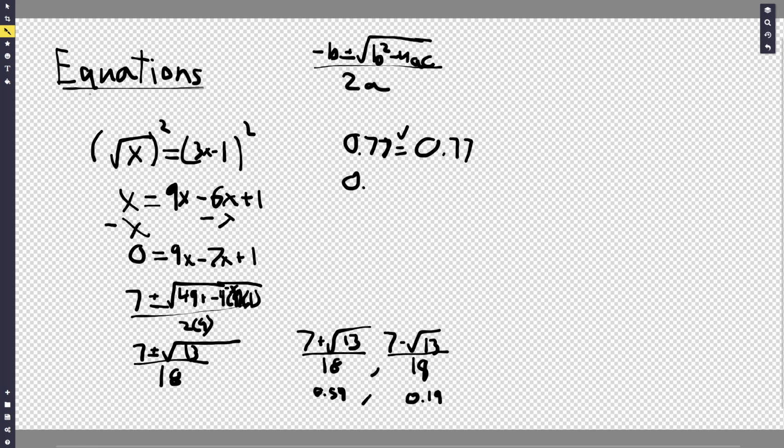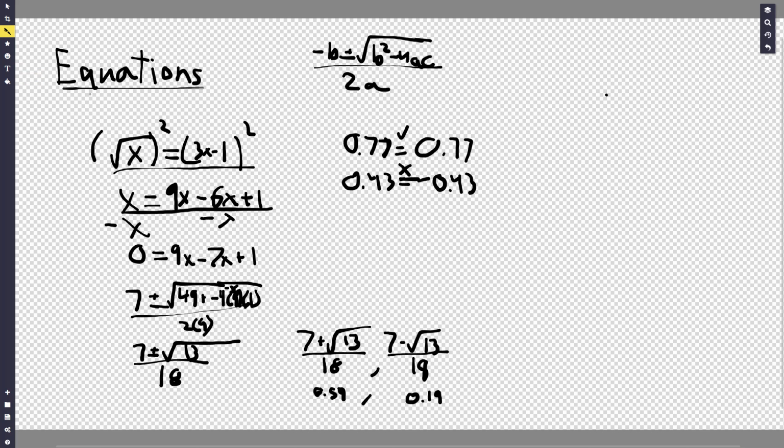So the problem is that we solved for this equation right here, x equals 9x minus 6x plus 1. We did not solve for the equation up here, because when you square an equation, some of that information is lost. For example, 2 squared is 4, and negative 2 squared is also 4, so these are equal.